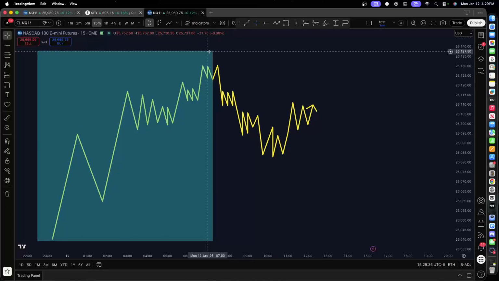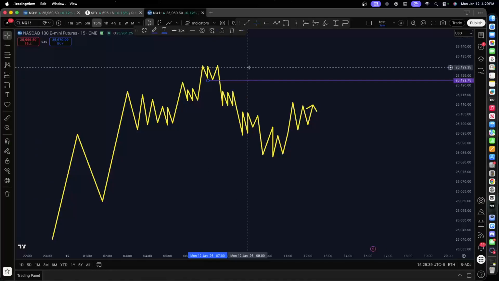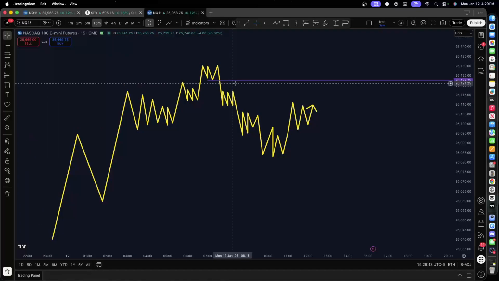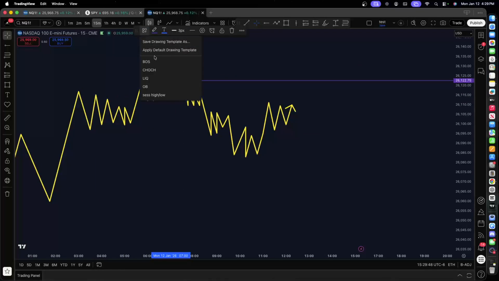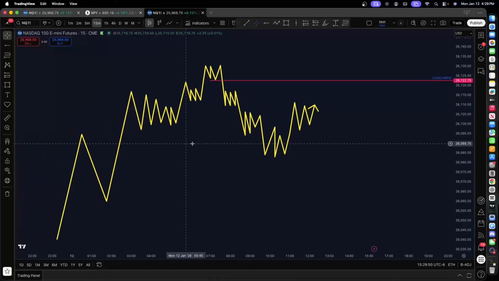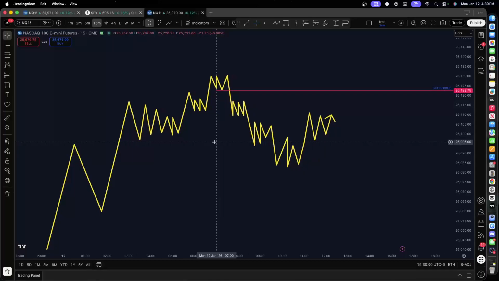Well, we broke structure, and we broke structure to the downside, creating a new low. Okay. So this break of structure is actually a change of character, because this is the first point in step 1 in trends and what we went over on Thursday. But this is the change of character of it changing from an uptrend to a downtrend, right?